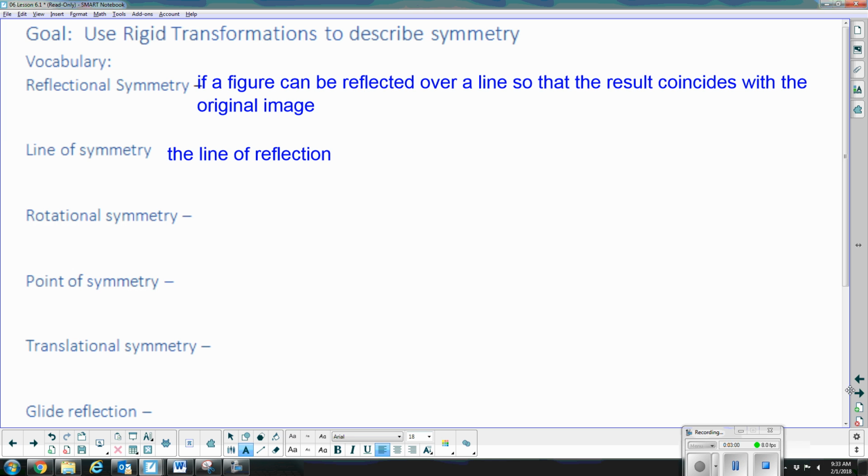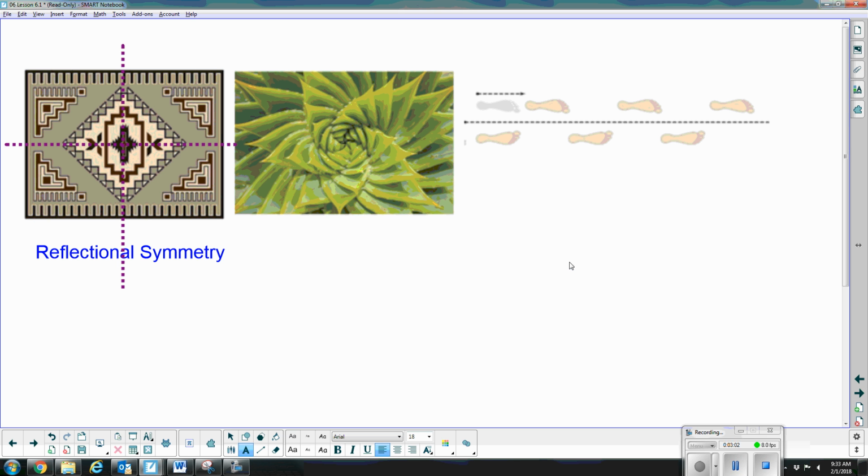All right, now let's look at rotational symmetry. Again, we've worked with rotational symmetry before, but which one of these images has rotational symmetry?